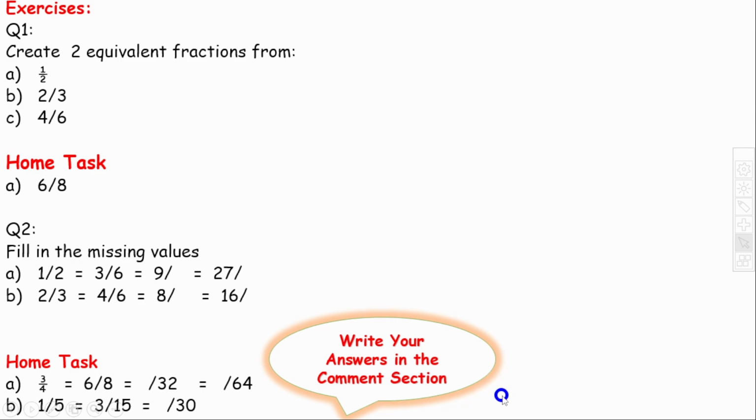I'll check if you are correct. 3 all over 4 is equal to 6 all over 8 is equal to missing value over 32 is equal to missing value over 64. The second question, 1 all over 5 is equal to 3 all over 15 is equal to missing value all over 30. So study it, write out the missing values, and write them in the comment section. I'll check it out.